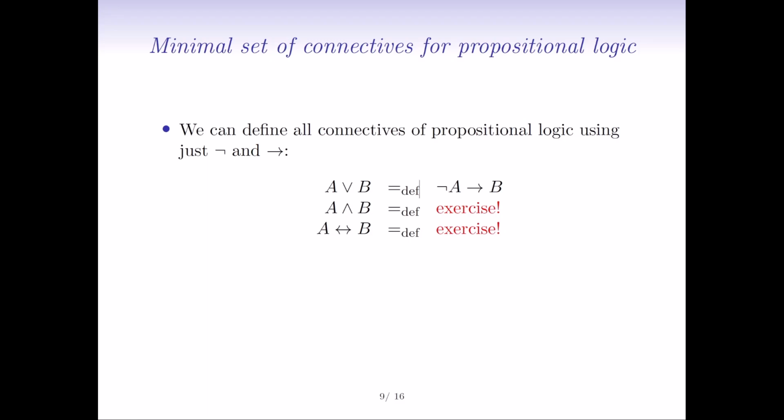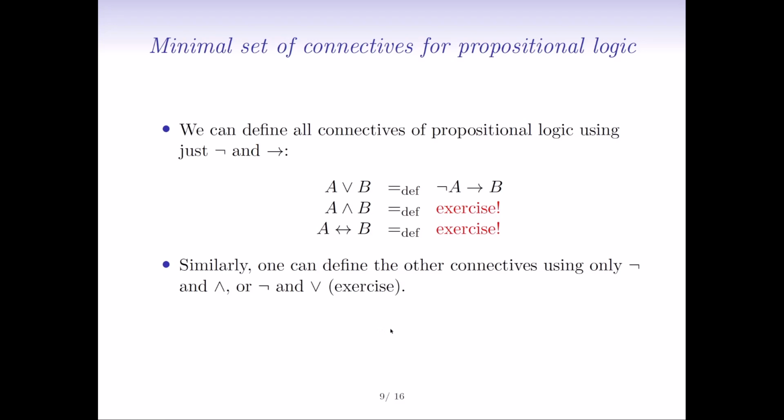I've decided to leave these two as exercises for you to do at home, but it is true. And there's nothing very special about negation and implication here. You can actually get away with using, for example, only negation and conjunction, or negation and disjunction. If you take those as your basic connectives, then you can define the other ones as well. Also an exercise.